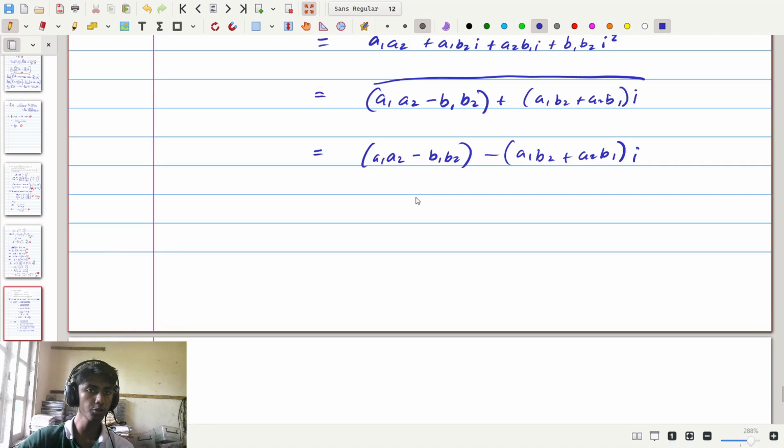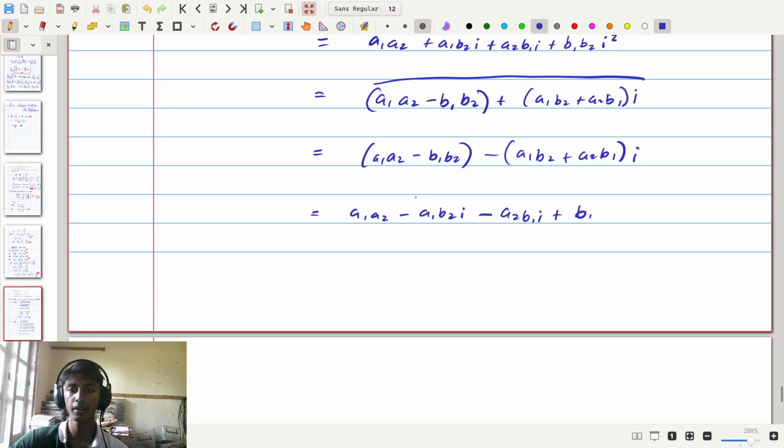Now with this, what I'm going to do finally is to take this minus b1 b2 and convert it back into plus b1 b2 i, and doing so we can see we get the form a1 a2 minus a1 b2 i, minus a2 b1 i, and plus b1 b2 whole thing times i squared.